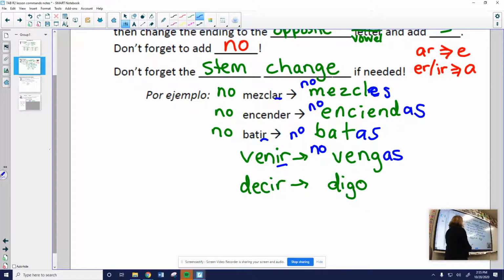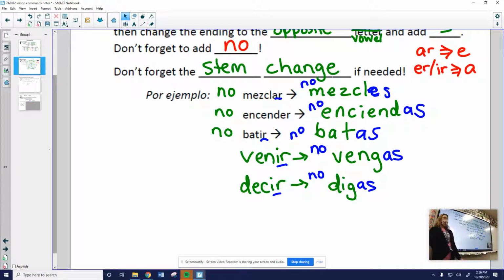So to make a command, for example, don't say that. Take off the O. We add the opposite ending. It's an IR verb, so we'll add an A. We add an S, and then we have to add a no. No digas. This is where we get the phrase, no me digas. Do you remember that rejoinder phrase? No me digas is like saying, get out of town. Don't tell me that. I don't believe you. No me digas.